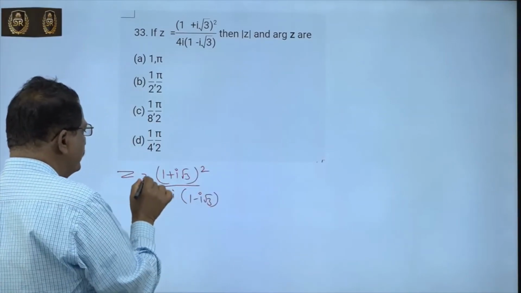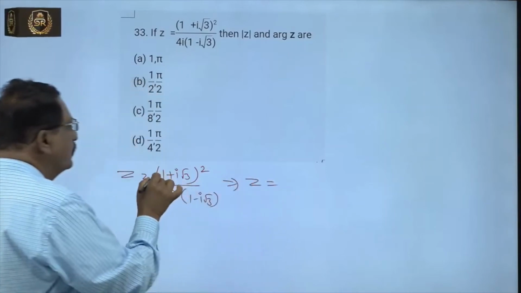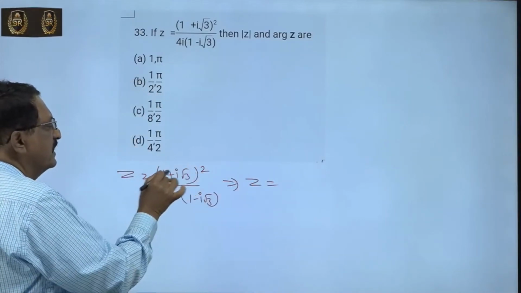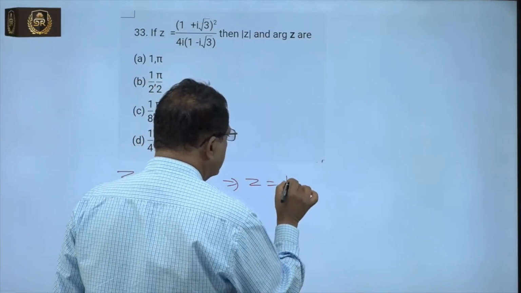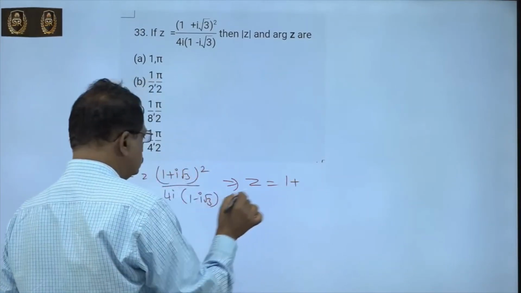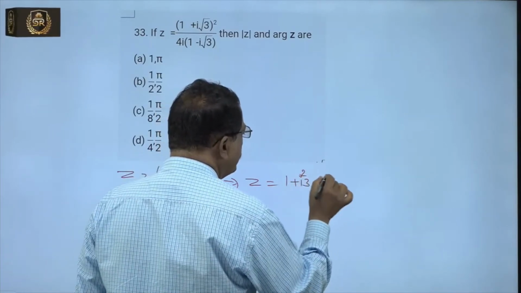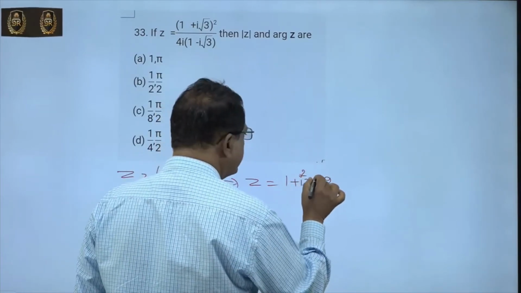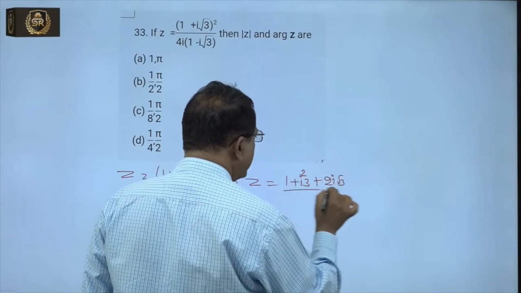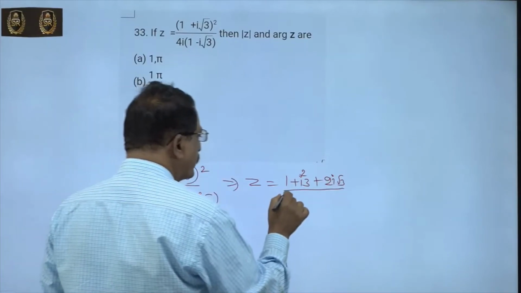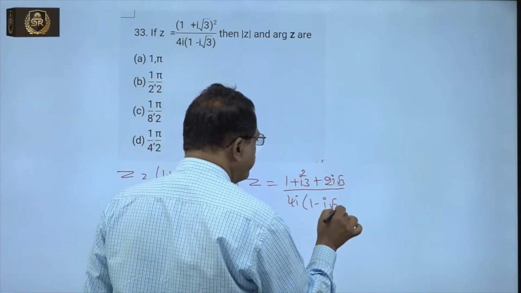Now here, given 1 plus i root 3 whole square, a plus b whole square, expand: 1 plus i square into 3 plus 2i root 3, by denominator 4i of 1 minus i root 3.